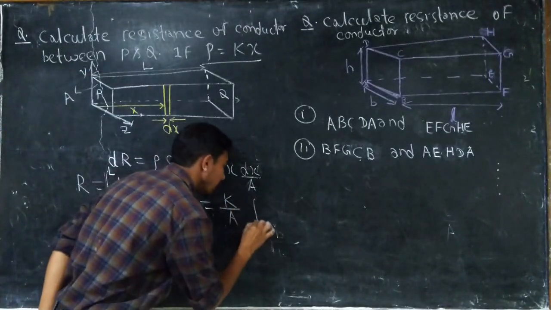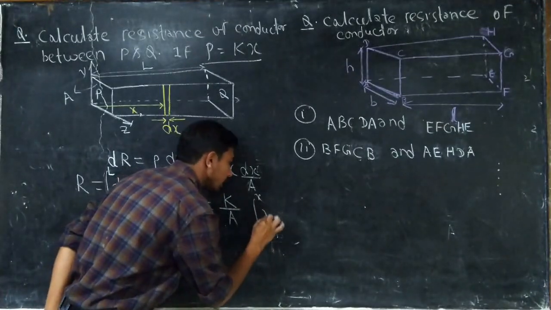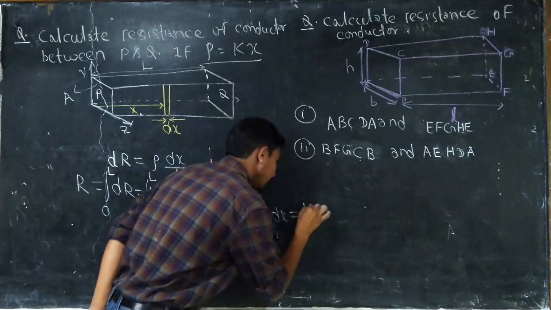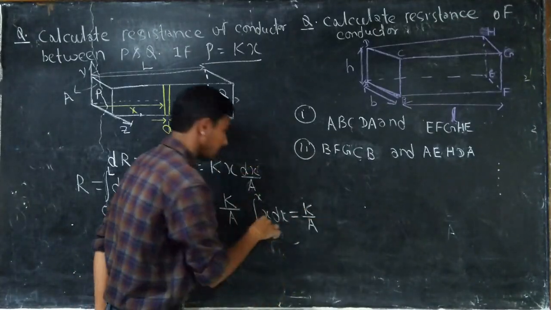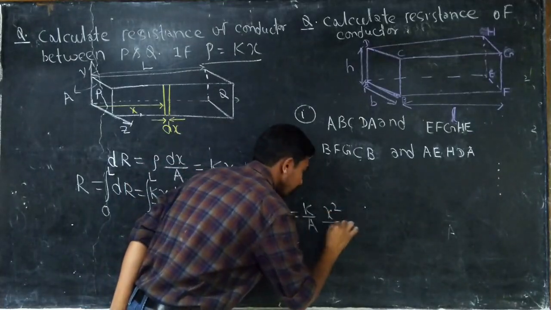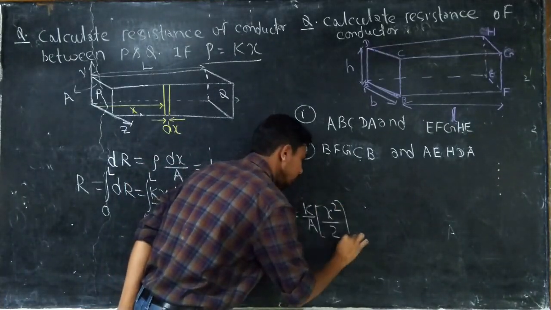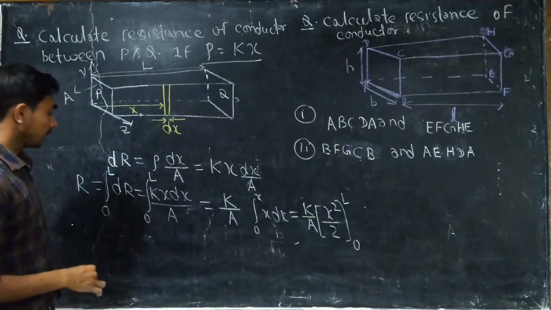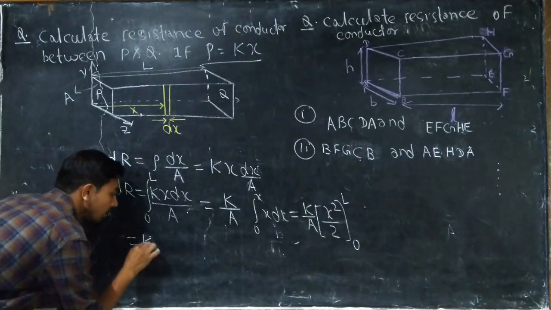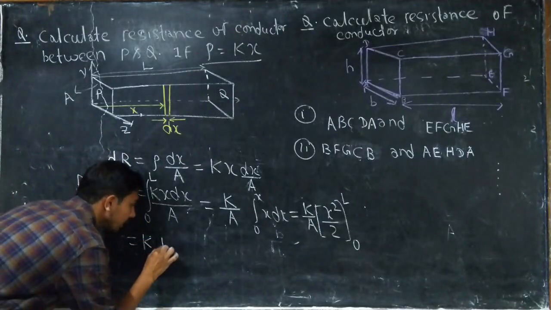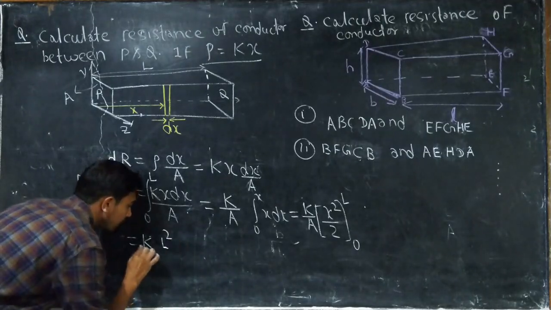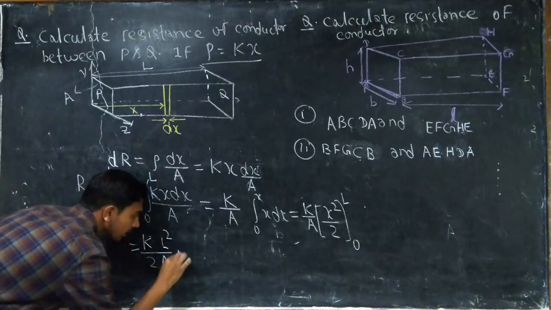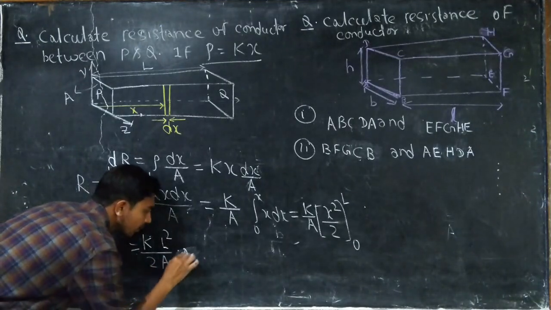You have integral from 0 to L of x dx. The integration of x dx is x squared by 2. If you substitute the values, you will get the answer K L squared by 2. So this is your answer.